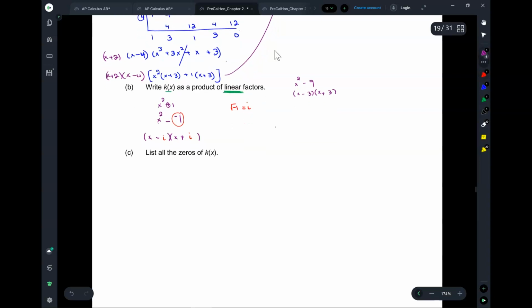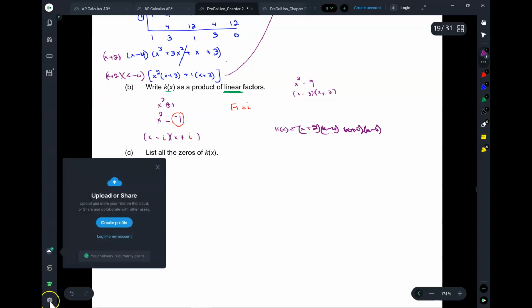So now k of x becomes x plus 2, ugh, my pen. Okay, I'll have to rewrite that.